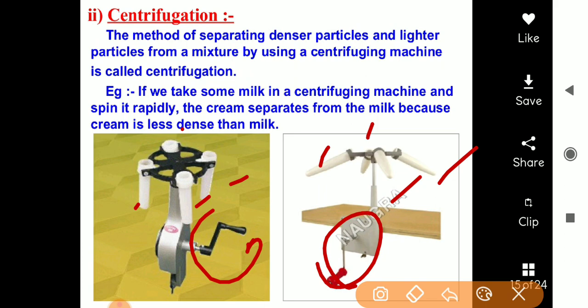The lighter particles remain up, and the denser particles go down. For the separation of blood, this method is generally used. An example is given here.